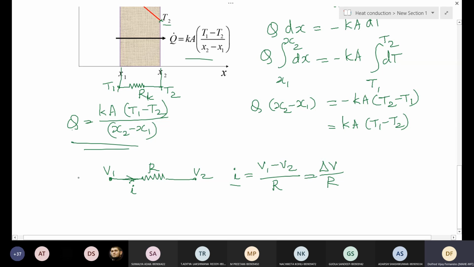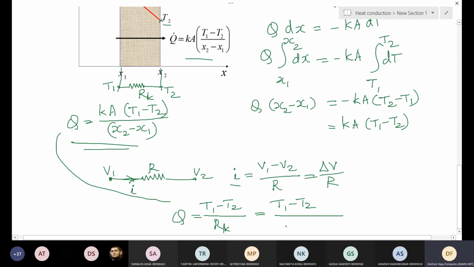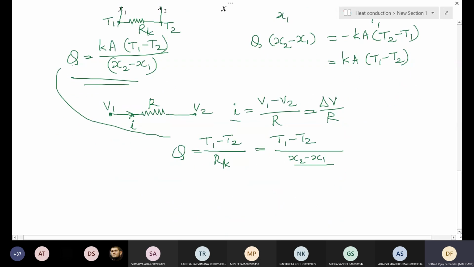I have to write this equation in the same form: Q equal to (T1 minus T2) divided by RK. Now tell me what is RK? RK is (x2 minus x1) divided by KA.